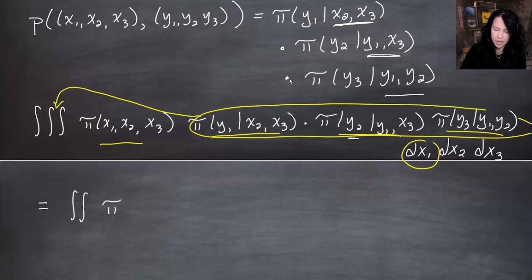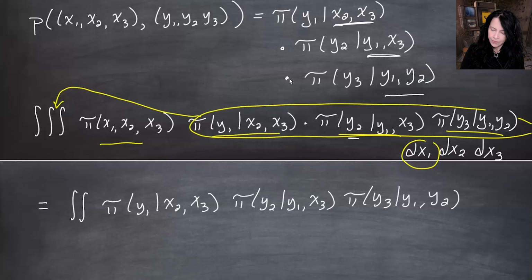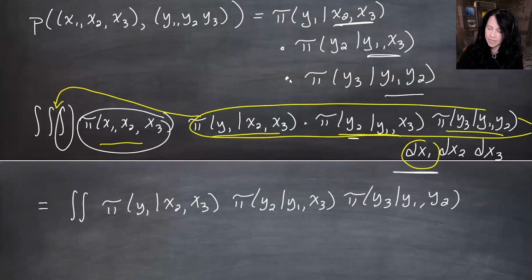And I have pi of y1 given x2, x3, pi of y2 given y1, x3, pi of y3 given y1, y2. Those all came out. And then the integral of this with respect to x1 over the entire space gives us the joint PDF for x2 and x3.